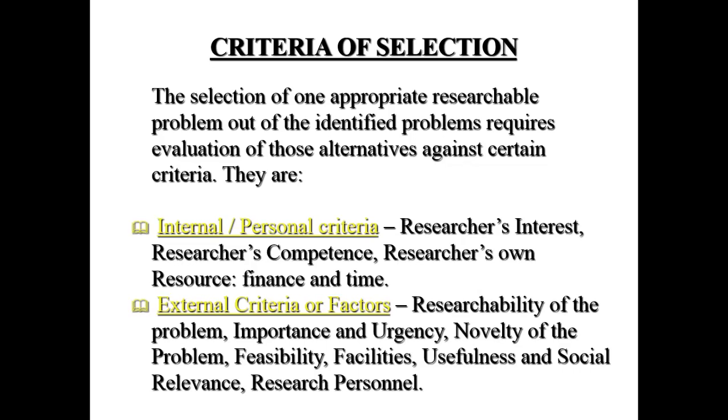Since this is a new situation, lots of people are now thinking about how to come out with a good solution, because there is importance and there is urgency. Various funding agencies are giving research funds to resolve these things. So there is urgency as well as importance.